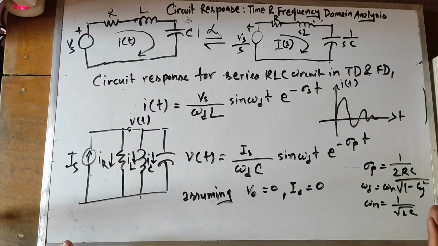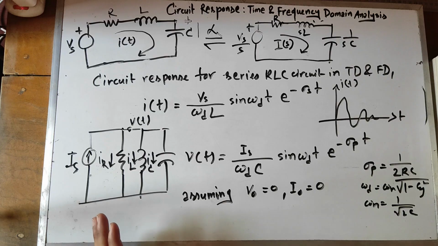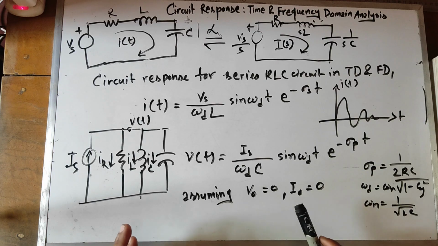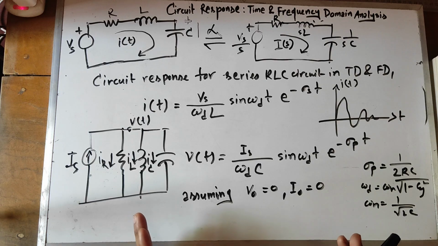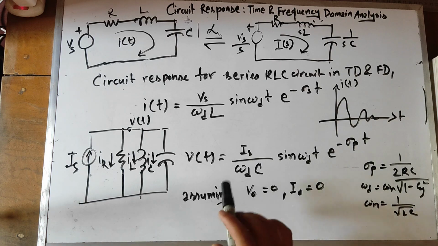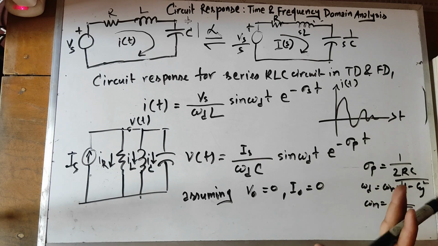Thus this is the whole circuit response for the series RLC circuit, and I have done the derivation for the parallel, and I can confidently say that the voltage response, the circuit response for the parallel RLC circuit is basically this. There's no doubt about it.